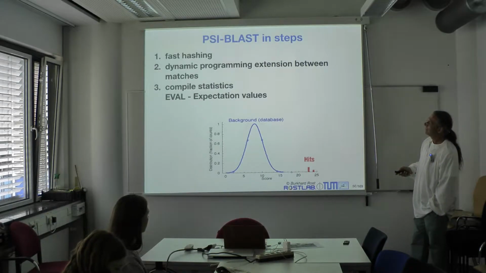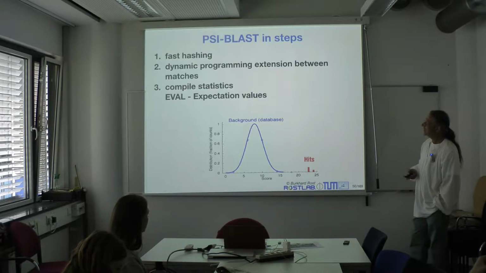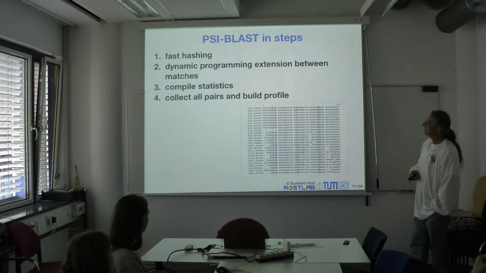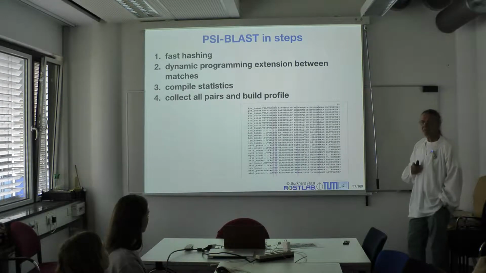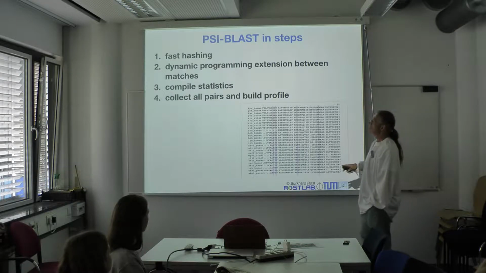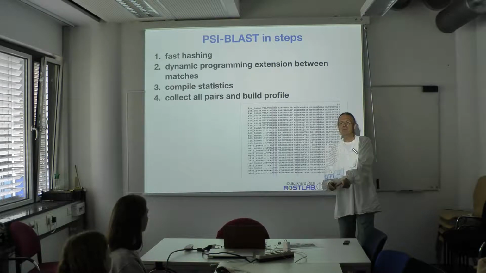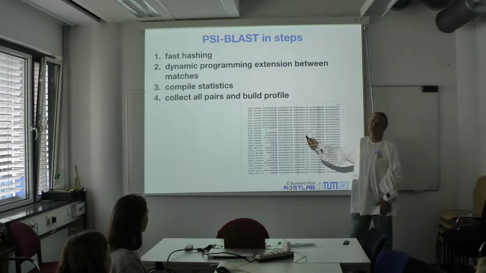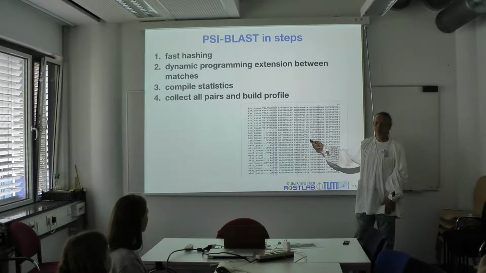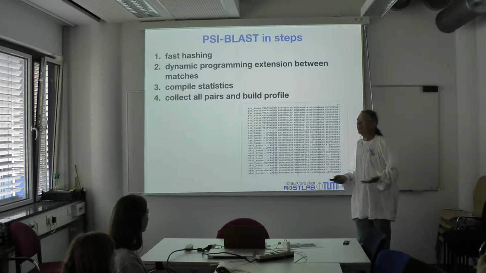Anyway, then comes the statistics, the expectation value, which in fact also has improved. But then comes the real new step. So you go one sweep, pairwise alignments against the database, 111 million, and you build up this profile. Now, in the next step, what are you going to do?